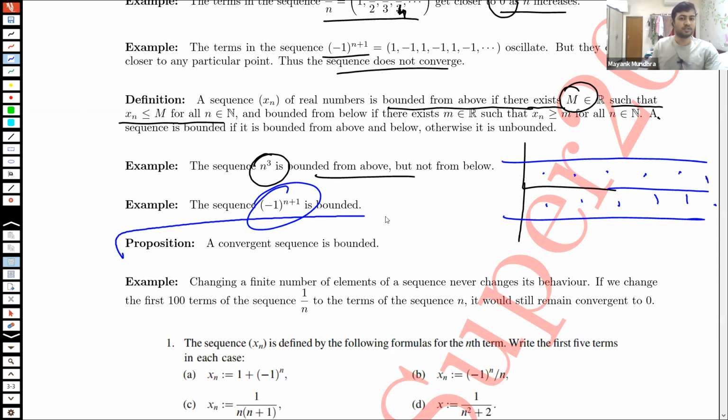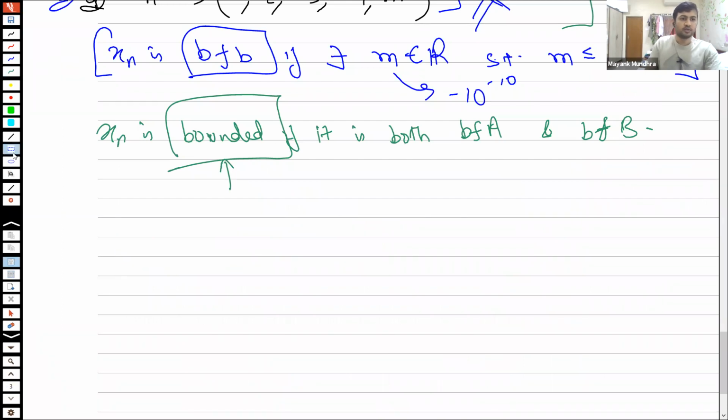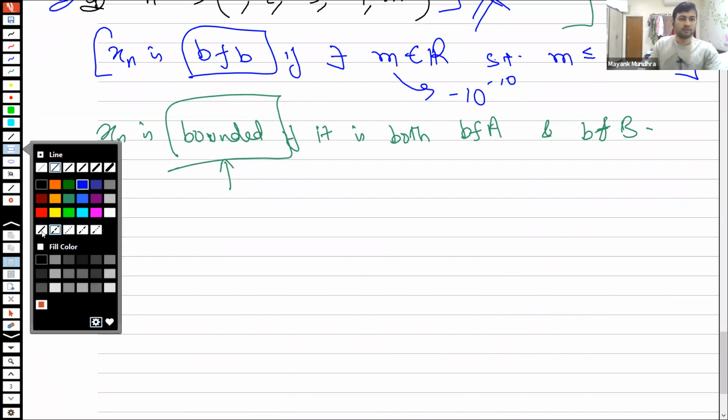A convergent sequence is bounded. So the next proposition is that a convergent sequence is bounded. What I'm saying is that if a sequence is convergent, it has to be bounded. It cannot be unbounded. I'll come to the proof of this, but first you need to understand what I'm saying.